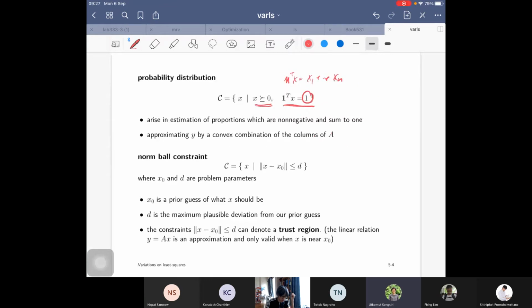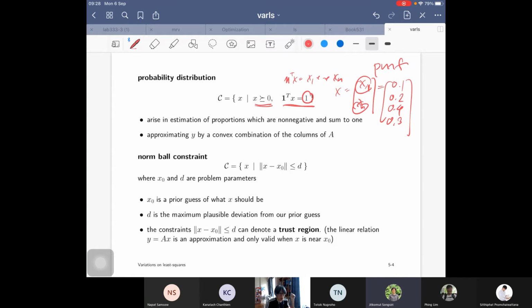So you would think of x, the meaning of x, as a portion, as a fraction of quantities. For example, if x1 to xn represent the PMF, the probability mass function of some discrete random variable, then it must be 0.1, 0.2, 0.4, and then the last one must be 0.3.